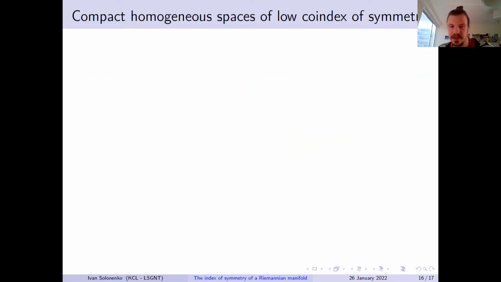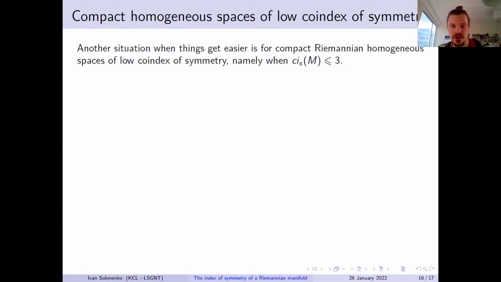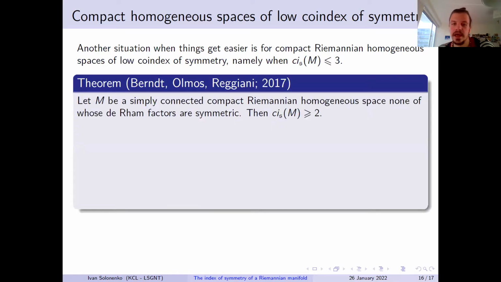Okay, and just the final result, and we're done. I'm a bit out of time. So another situation where you can compute this for compact Riemannian homogeneous spaces is when the index of symmetry is high enough, in other words, when the co-index of symmetry is small enough, 3 or less. This was done in the second paper.